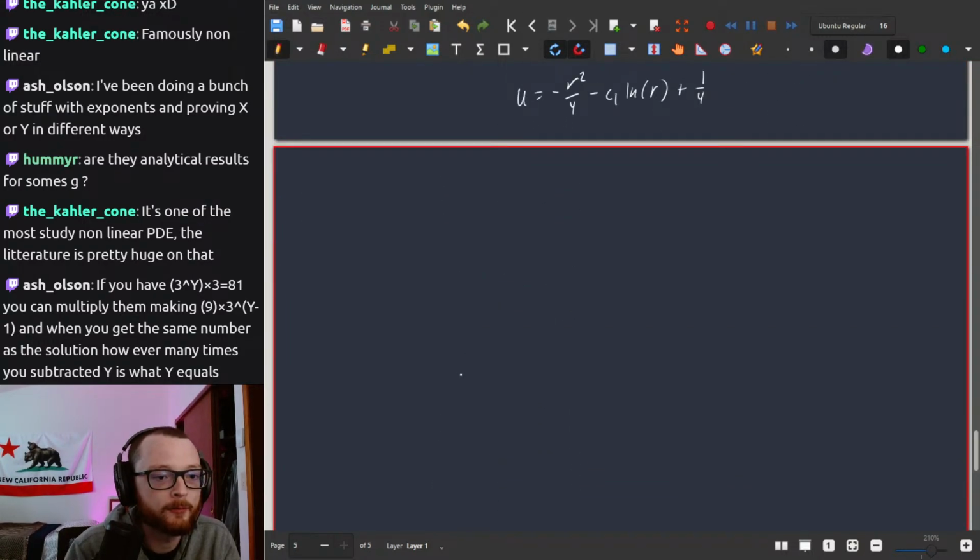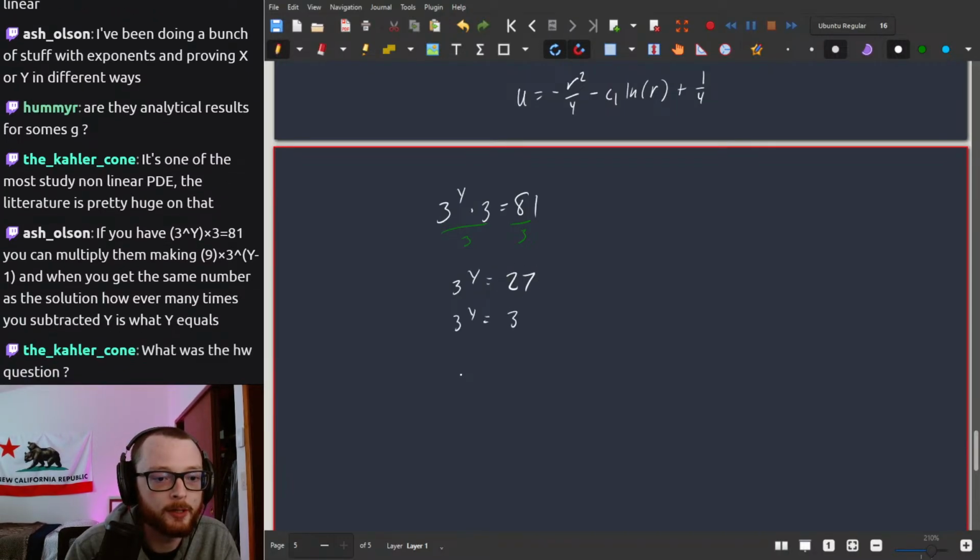I would think about that one as, you have 3 to the y times 3 equals 81. I would divide this 3 over to the other side. 81 divided by 3 is 27. And then I would notice that 27 is the same thing as 3 cubed. And then we know that since the bottoms of these match, so should the exponents. So y would equal 3.